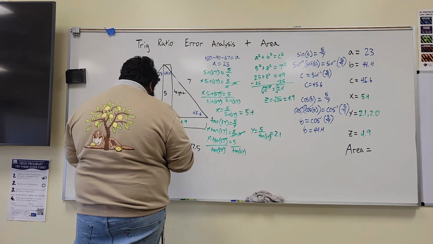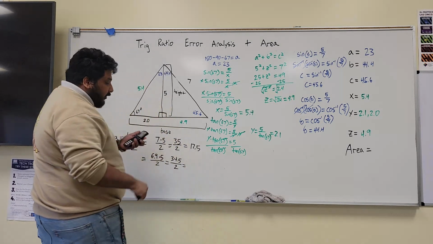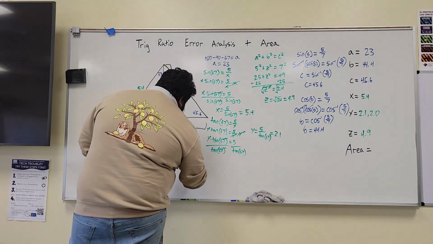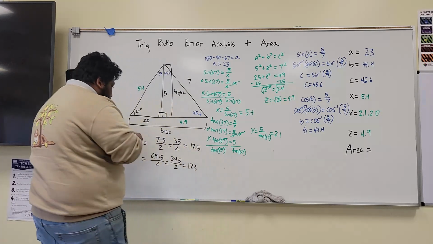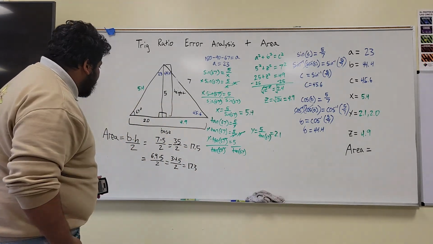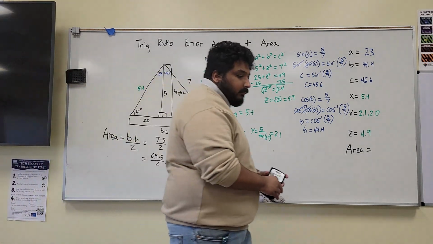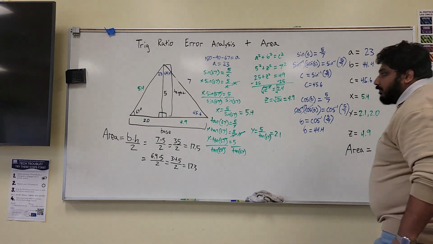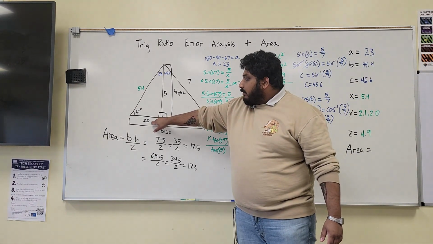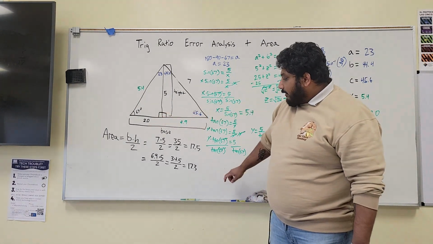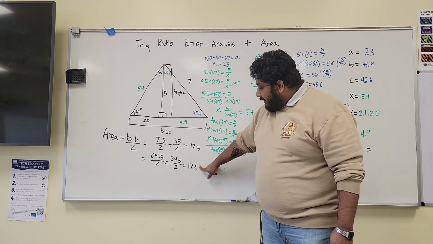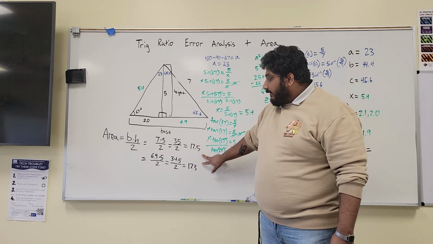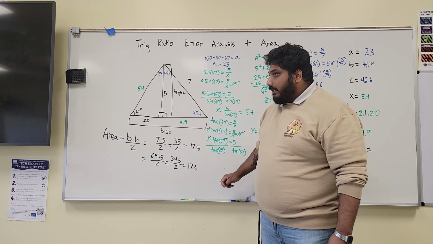But when you take that number and you divide it by 2, you're going to get 17.25, and if we round up, that'll give us 17.3 as our area. So we made a slight change over here. We got 2.1 to 2.0, and that affected our area in the 10th place by about 0.2. It's a small difference, but it is a small enough difference where it might change your answer.